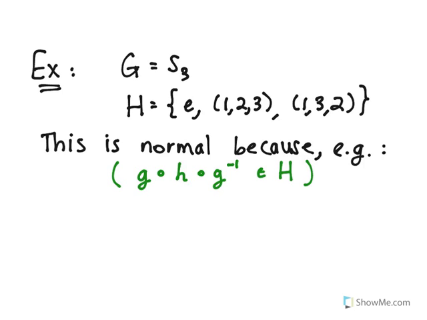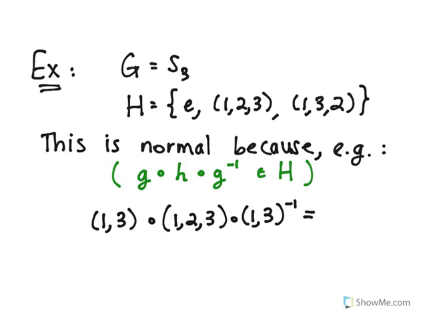So to really fully check this, what I need to know is that g composed h composed g inverse is an element of H, where g is any element whatsoever in S3 and h is any element whatsoever in this subgroup capital H. That's a lot of things to check, but let's just check it for a couple of specific g's and h's to get the idea.